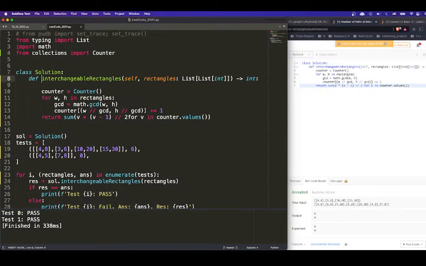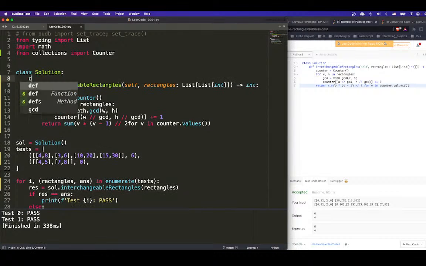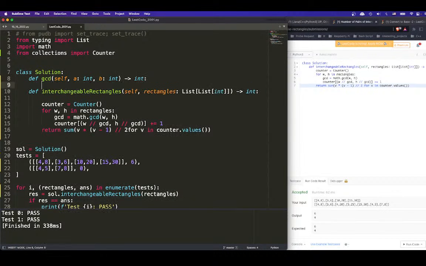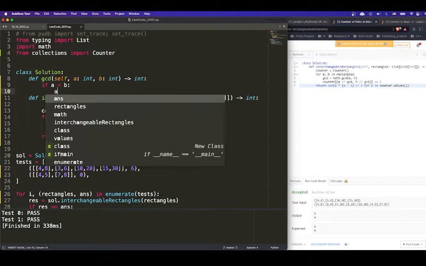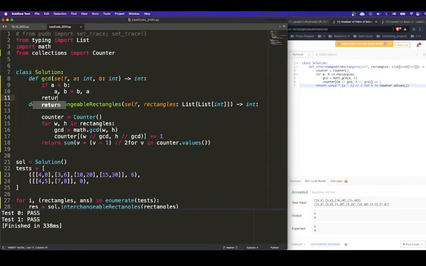Let's do the GCD ourselves. How about this? We will do GCD of A, B. I don't use the math. If A is smaller than B, swap A and B.